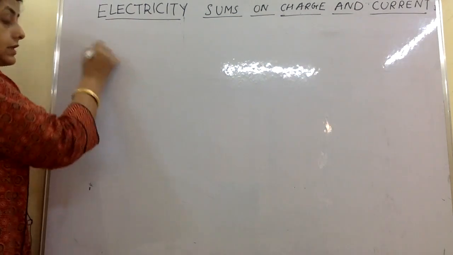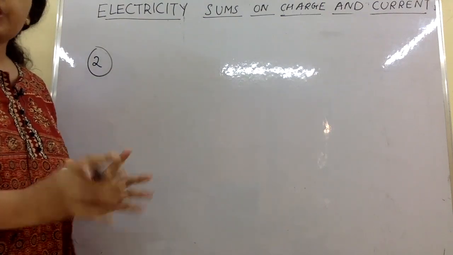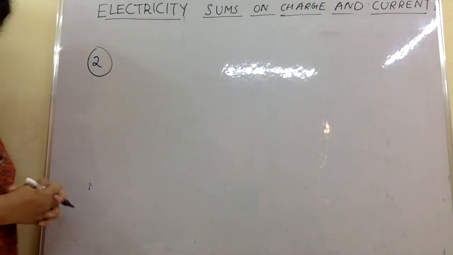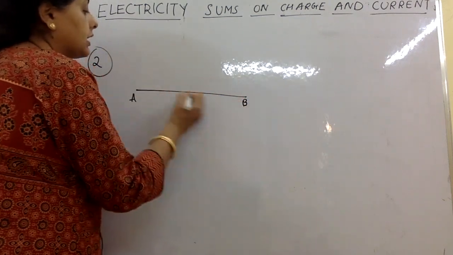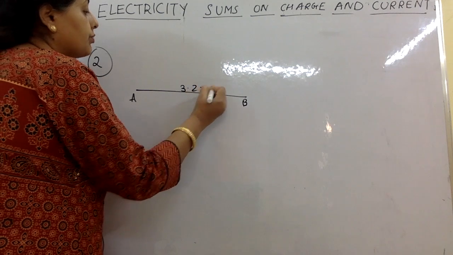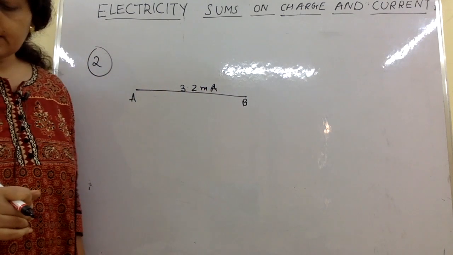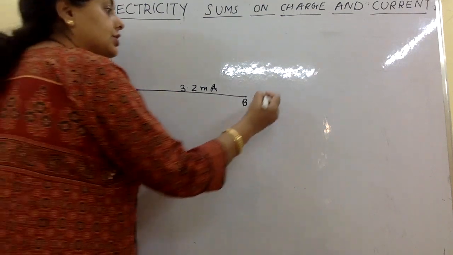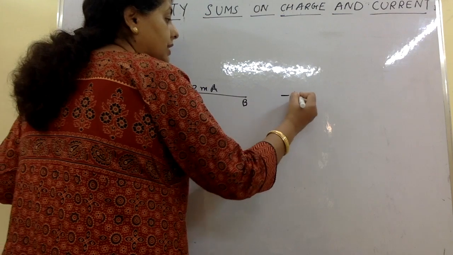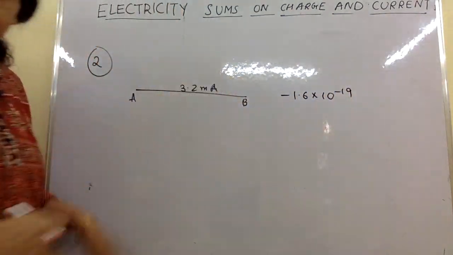Now here is the second question in which they are saying a current of 3.2 milliamperes is flowing through a conductor. Let the conductor be A and B. Current is 3.2 milliamperes, they have told us. And the charge on each electron is minus 1.6 into 10 to the power minus 19 coulomb, that they have given us.